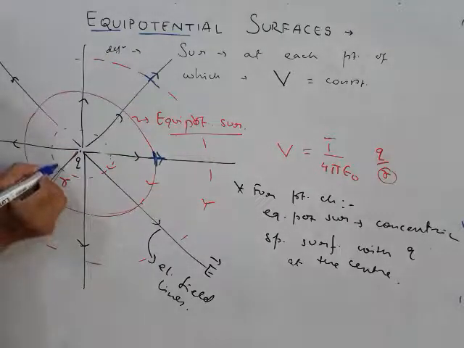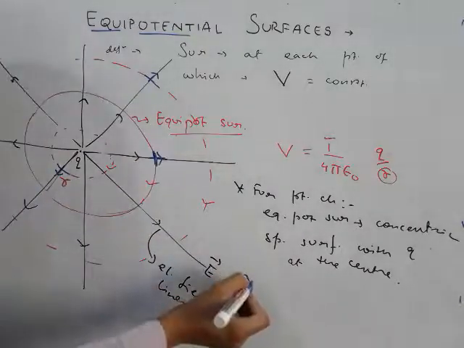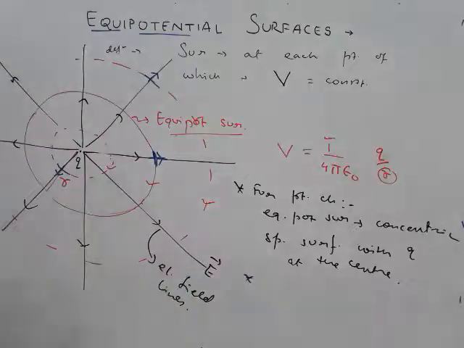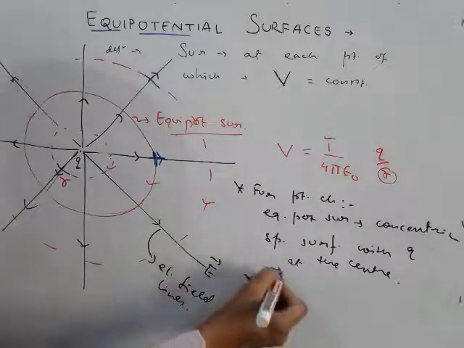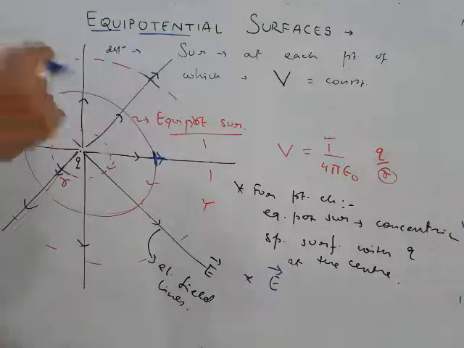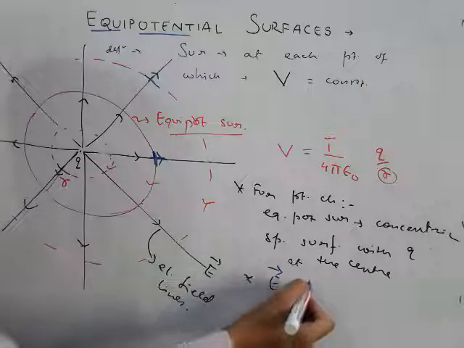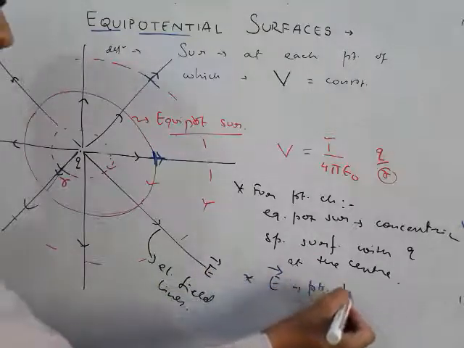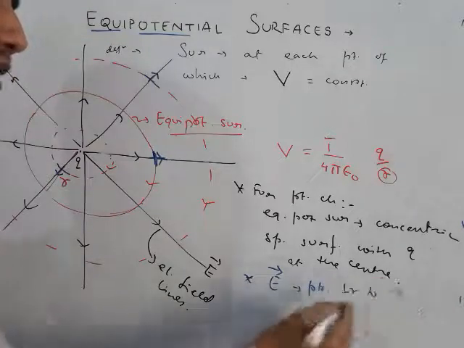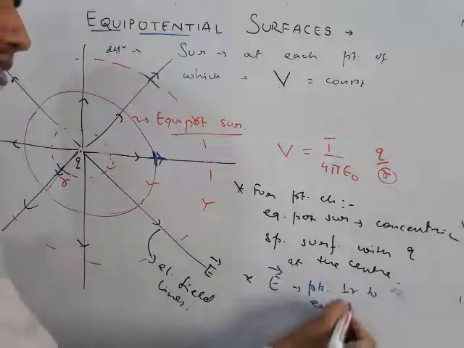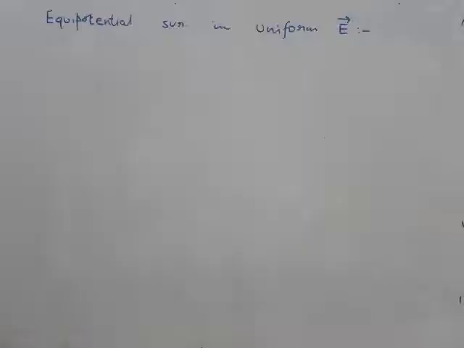Here too, this is the equipotential surface, this is the direction of electric field. So one important conclusion for this particular arrangement of charge is that the equipotential surface and the electric field are both perpendicular to each other. Electric field always points perpendicular to an equipotential surface. This is very important, students.